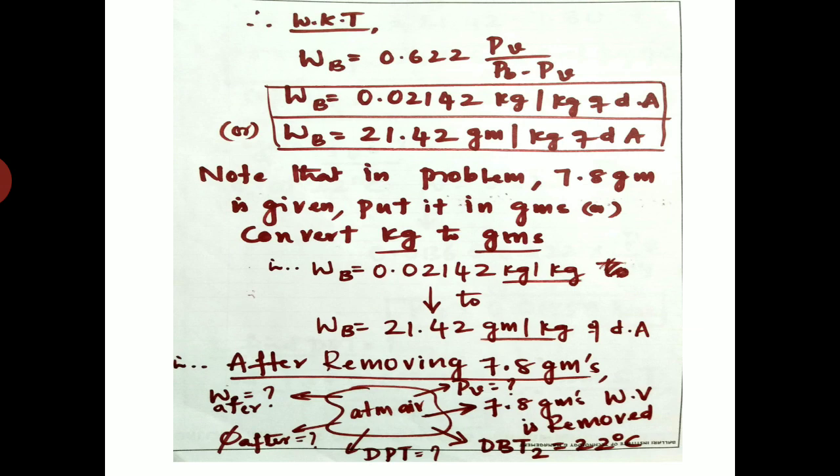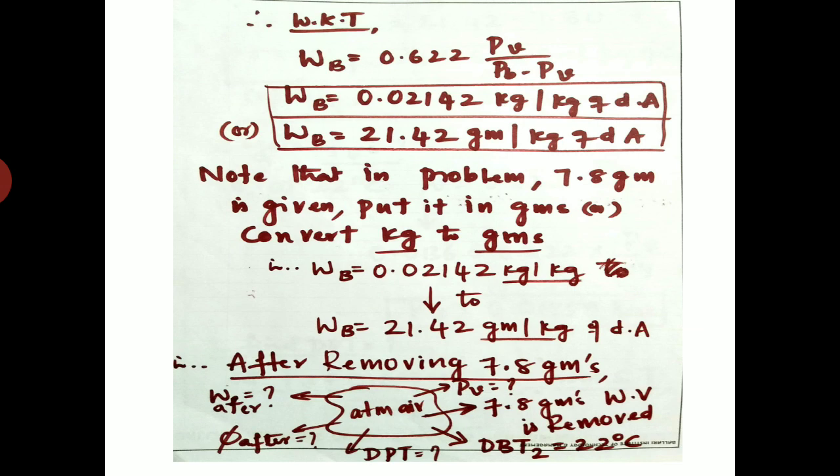So in the problem he has given grams, so convert kg to grams. WB is equal to 0.02142 kg per kg; to convert to grams, multiplying by 1000, we get 21.42 grams per kg of dry air. This is the condition before removing the moisture.